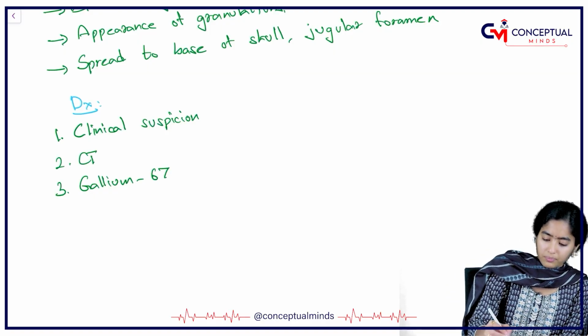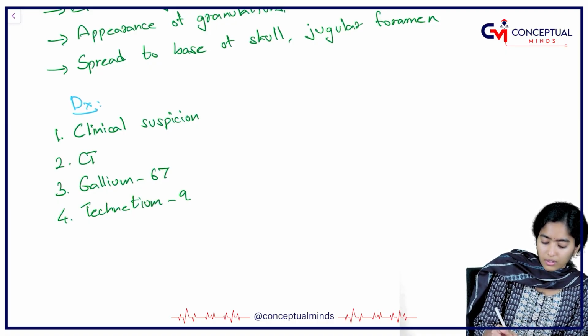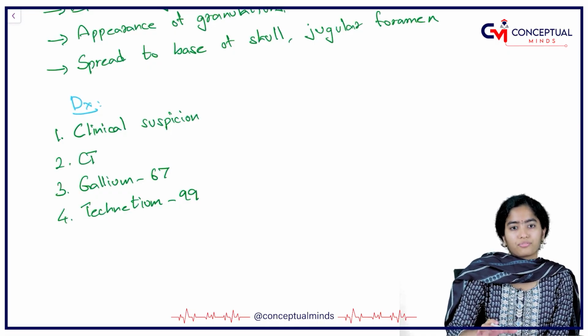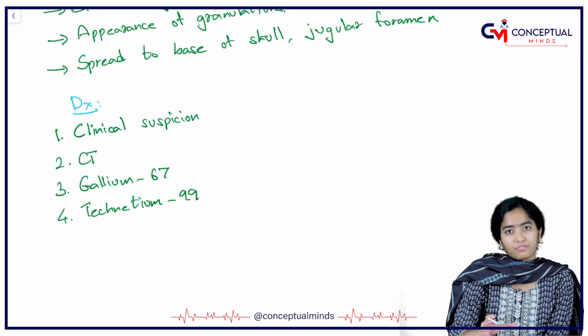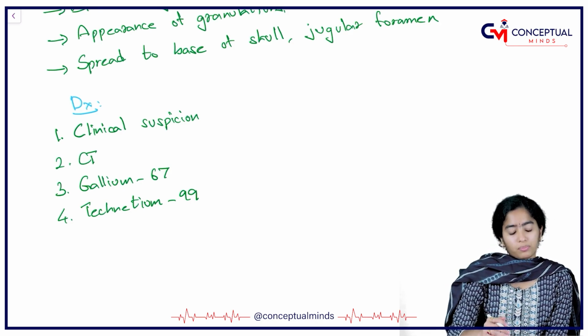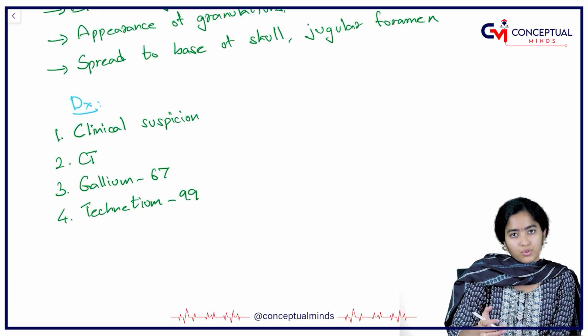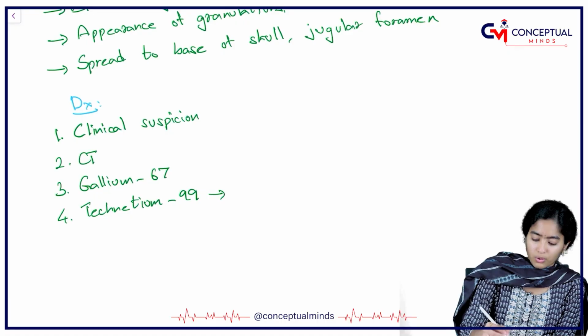And another thing, there's another scan called technetium-99 scan. This technetium-99 is even more sensitive and specific than gallium, and it can also reveal bone infection. But the problem with technetium-99 is that it cannot be used for follow-up. It remains positive even after 1 year. Even after we give the treatment, technetium-99 remains positive, so it cannot be used for follow-up.